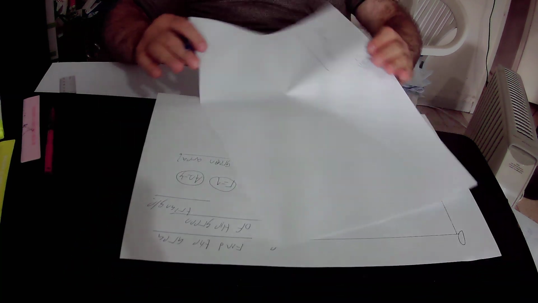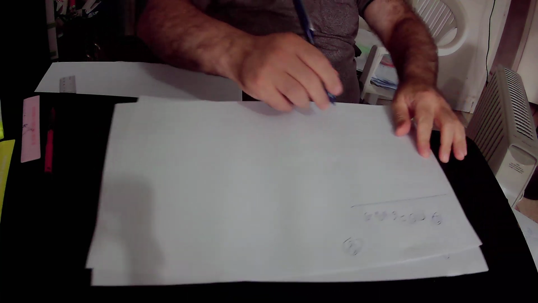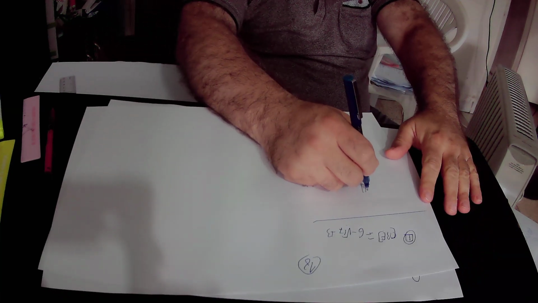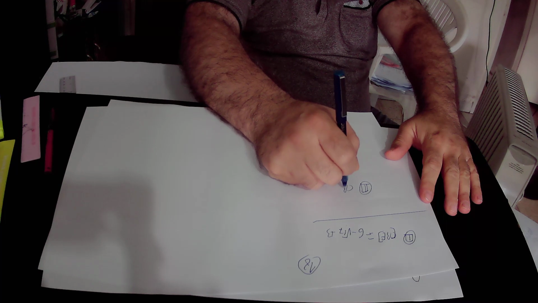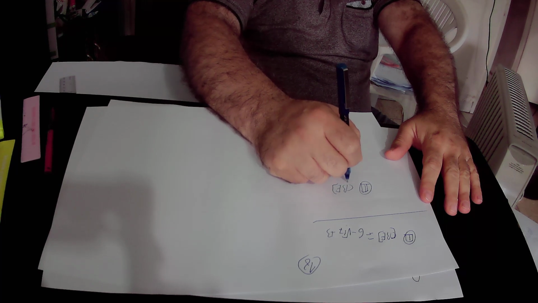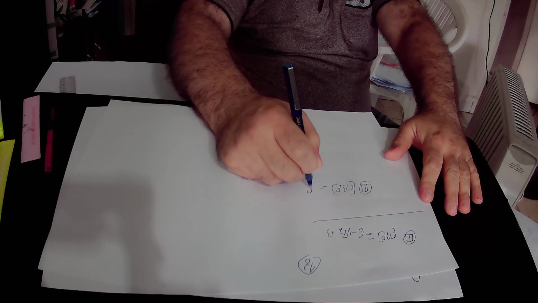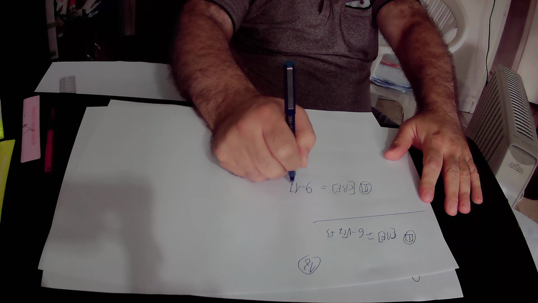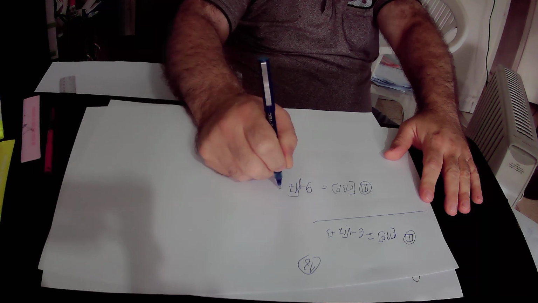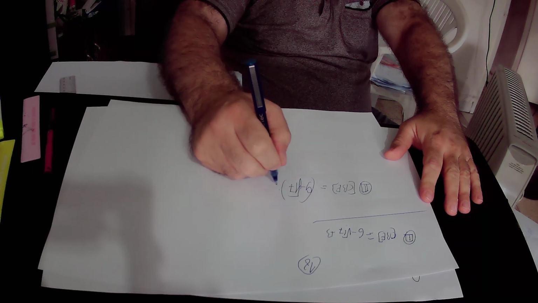So we got that the area of the green right triangle CBE is equal to 9 minus square root of 17 square units.